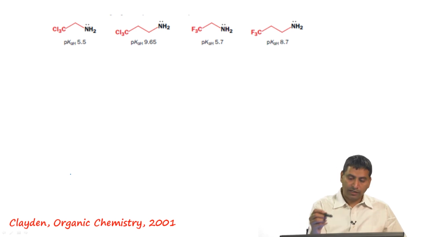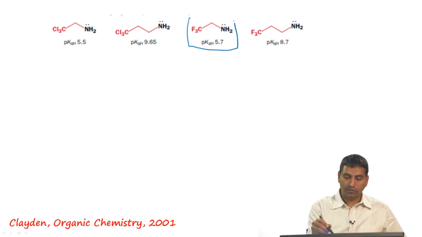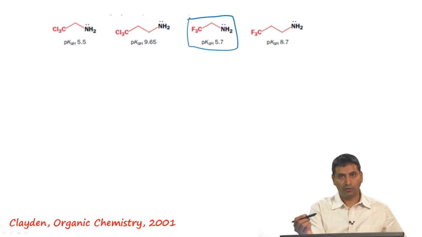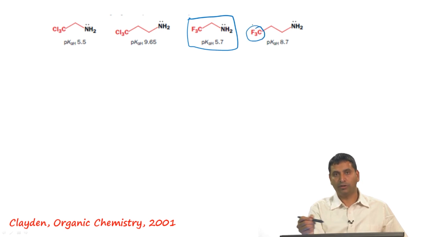So, if you take this molecule here, which is the trifluoro analog of ethylamine, CF3CH2NH2, the pKaH of this molecule is 5.7, whereas if the CF3 is moved by one carbon to the left, then the value goes up to 8.7.